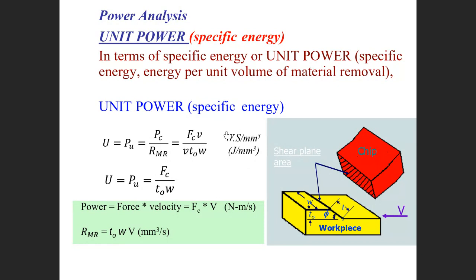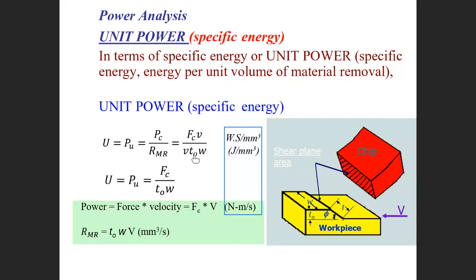If you divide power, which is in watts, by the material removal rate, which is cubic millimeters per second, you get watt second per cubic millimeter, or joule per cubic millimeter, or newton meter per cubic millimeter. All these units are the same. All the same meaning. It is the power divided by the material removal rate.